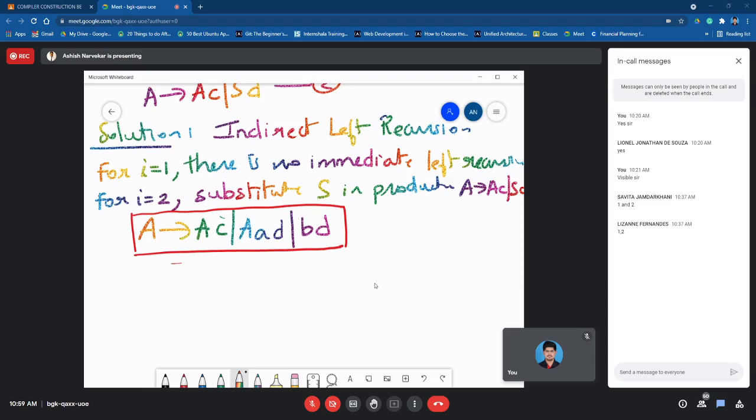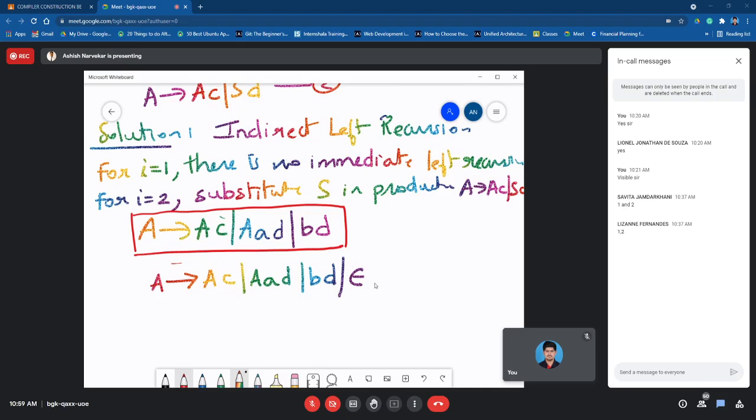Now what we can do further ahead with this production is we can write it as, I'm not doing anything much, I'm just rewriting it. So AC, AAD or BD, and since after this there is nothing, what I can write is also epsilon, empty, because we know that empty itself is something which is a blank, right?